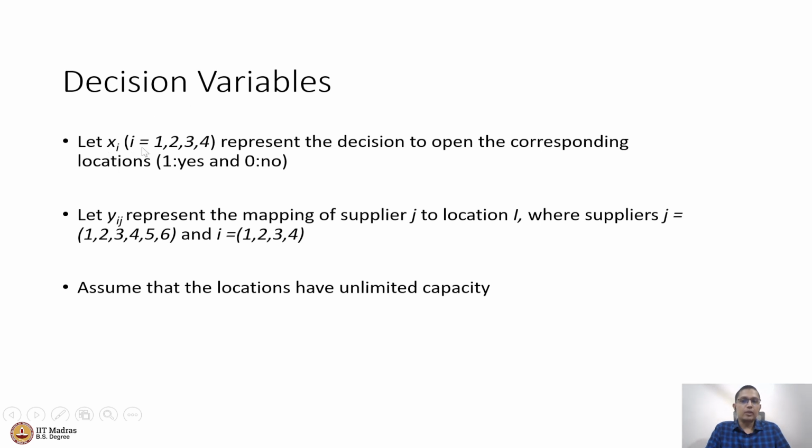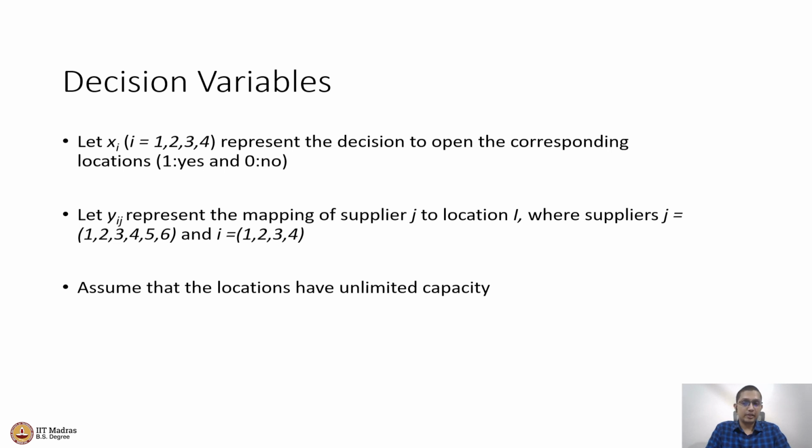So xi equal to 1 means that ABC is going to have location at location 1. If x1 is equal to 0, that means that ABC is not going to have a location at location 1. So I'll be using the term facility and location interchangeably. So be aware of that. Then Yij.